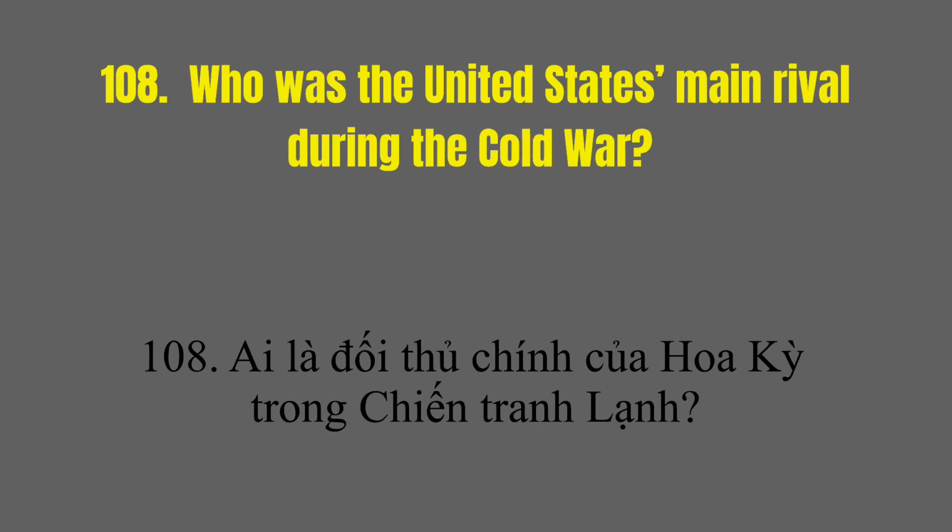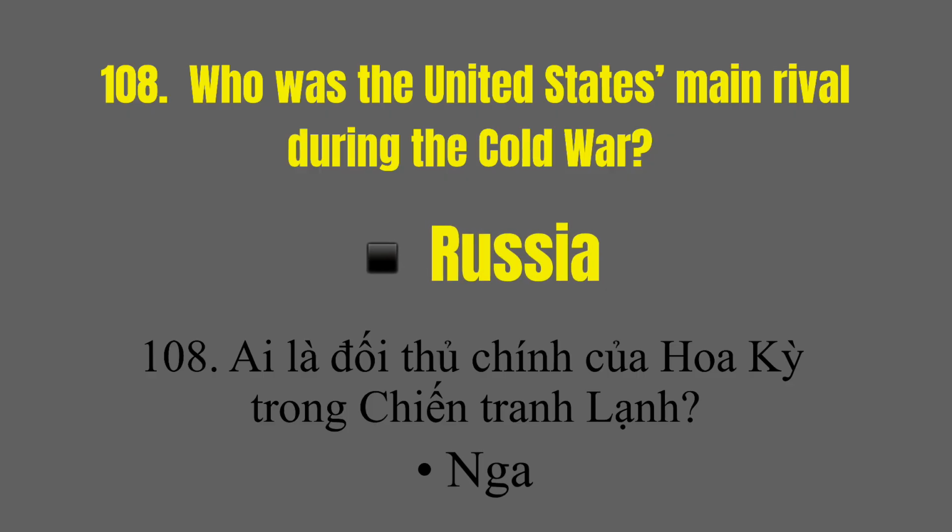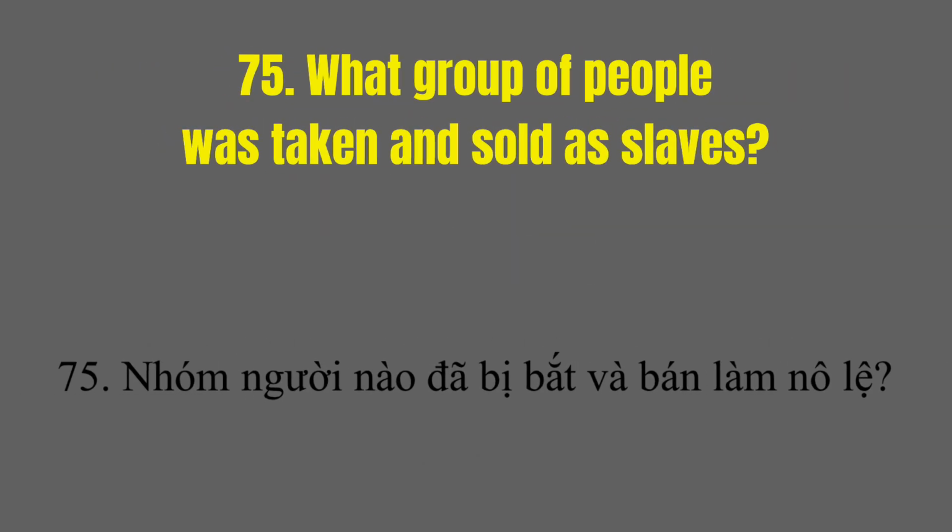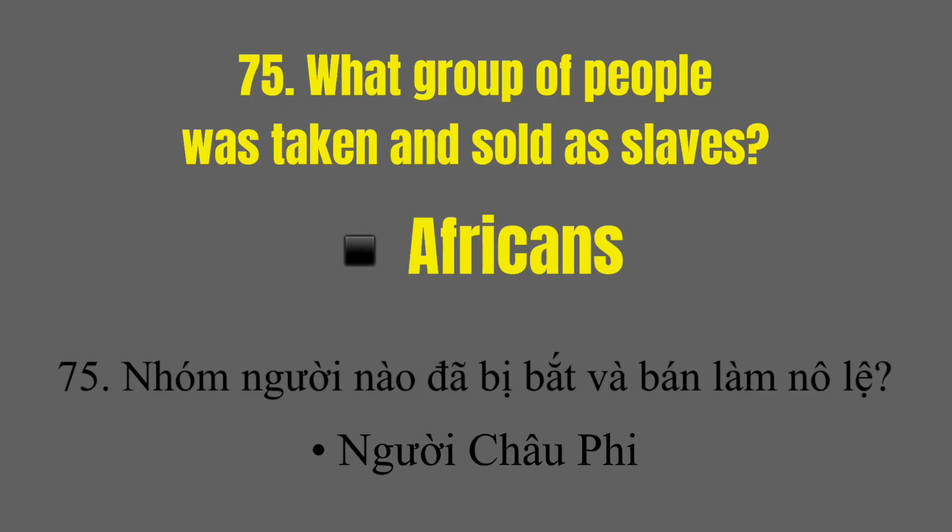Who was the United States' main rival during the Cold War? Russia. What group of people was taken and sold as slaves? Africans.